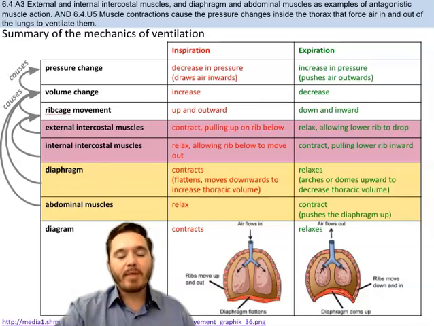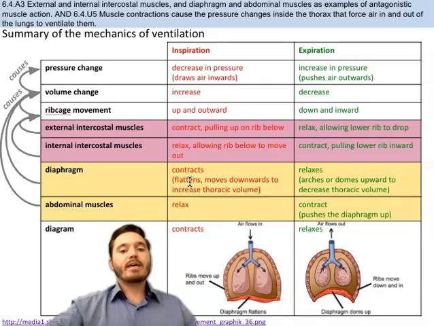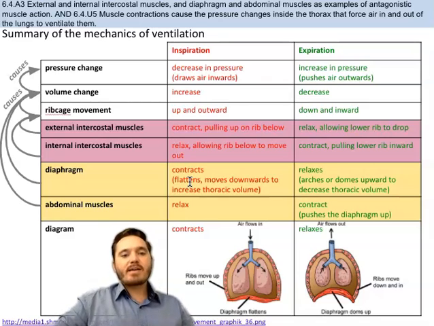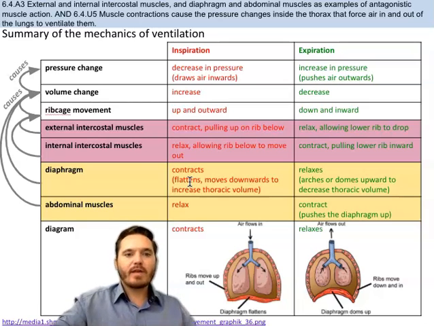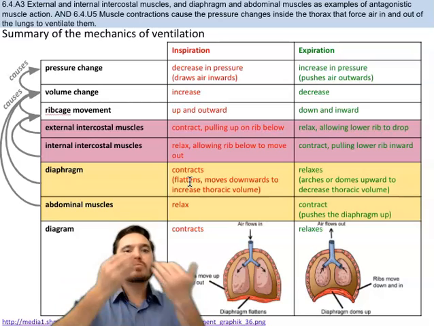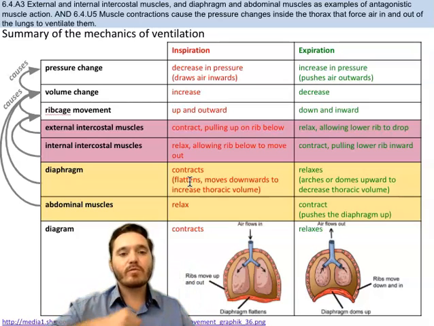There's one other pair of muscles, and I already mentioned one of them before. The diaphragm is a part of this pair, and it works with the abdominal muscles. So when the diaphragm contracts, you are inspiring, breathing in, right? And the diaphragm flattens and pulls your lungs down so that it creates more volume and a decrease in pressure to bring the air in through your trachea.